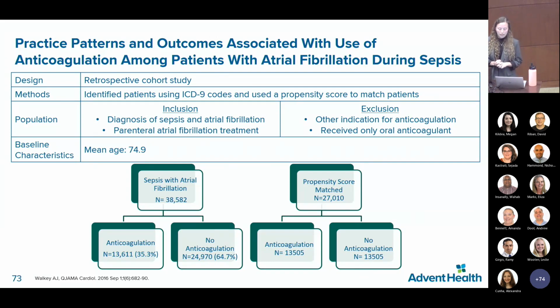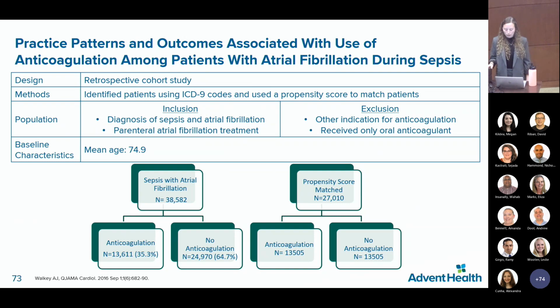They included patients that had a diagnosis of sepsis and atrial fibrillation as determined by ICD-9 codes, and they excluded patients who received oral anticoagulation and those who had another indication for anticoagulation other than AFib. Patients were not required to be admitted to the intensive care unit, and those that had pre-existing AFib were included.